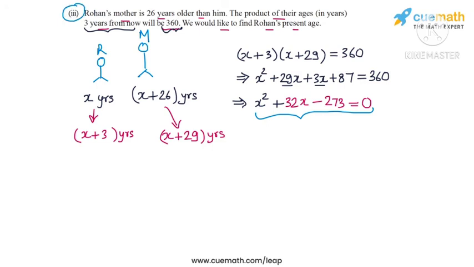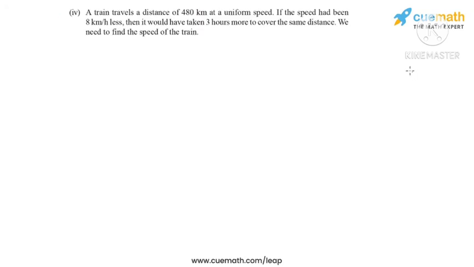And now let's do part 4. In part 4, the statement says a train travels a distance of 480 kilometers at a uniform speed. If the speed had been 8 kilometers per hour less, then it would have taken 3 hours more to cover the same distance. We need to find the speed of the train.